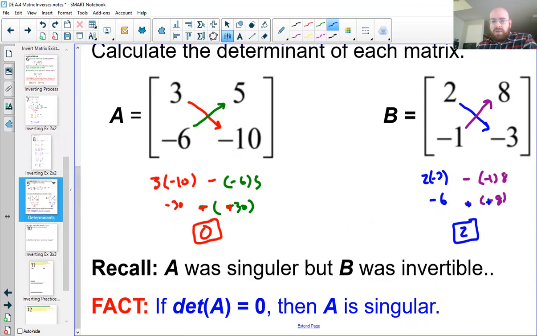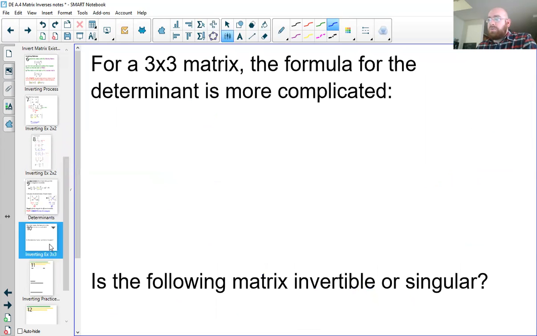So I want to show what the determinant for a 3 by 3 matrix is. This is more complicated.